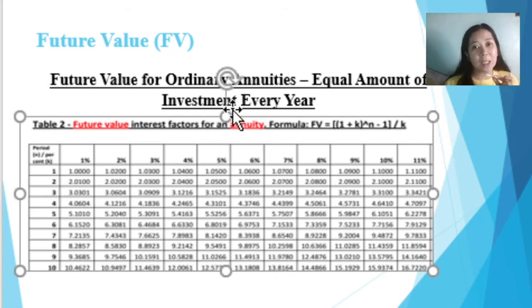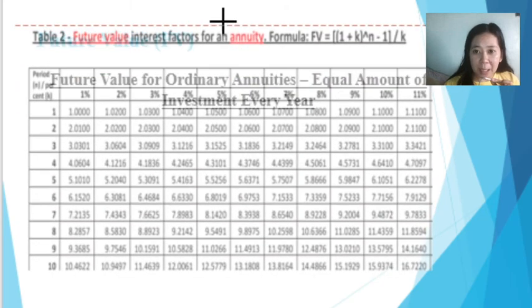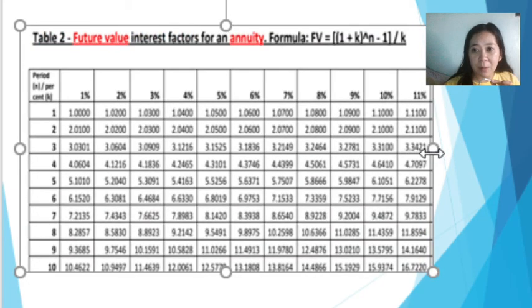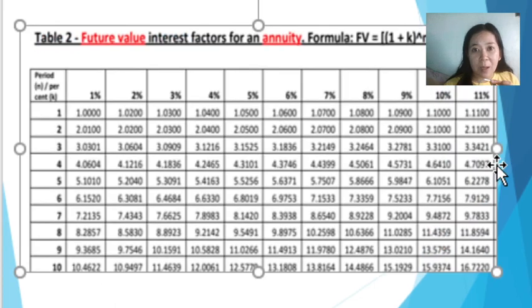In the first case, under the single cash flows, we use table 1. For annuity, under the future value, we will use table 2, future value for annuity. The table is just the same as the previous table 1, the same parts.